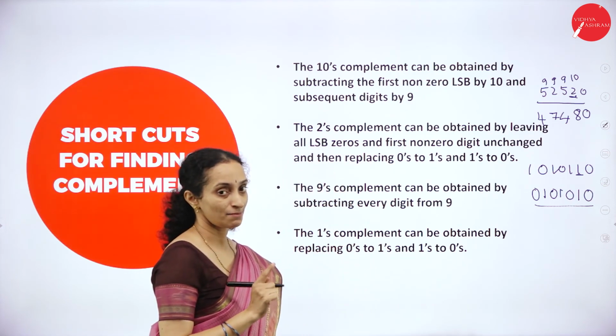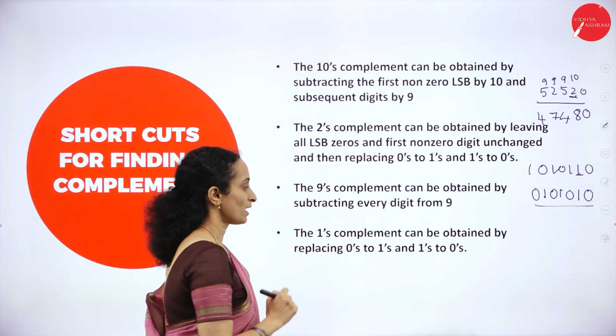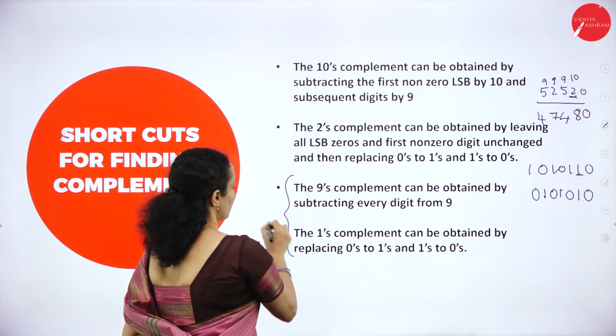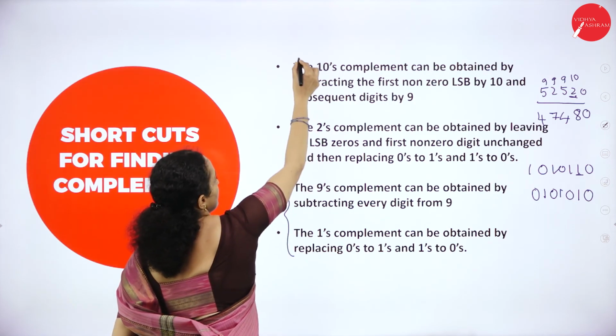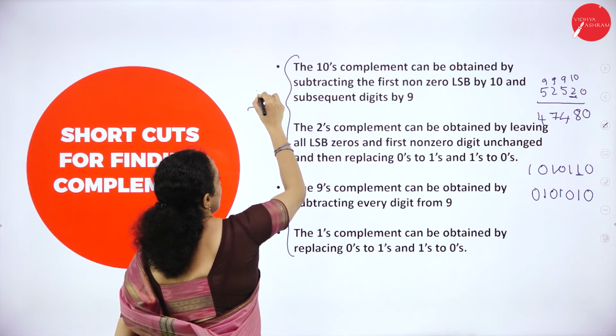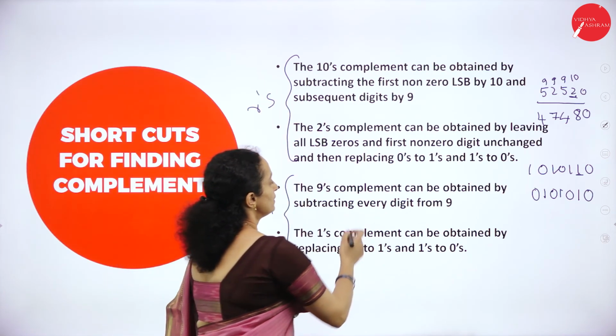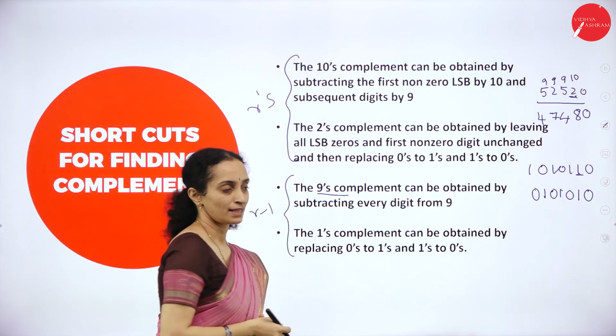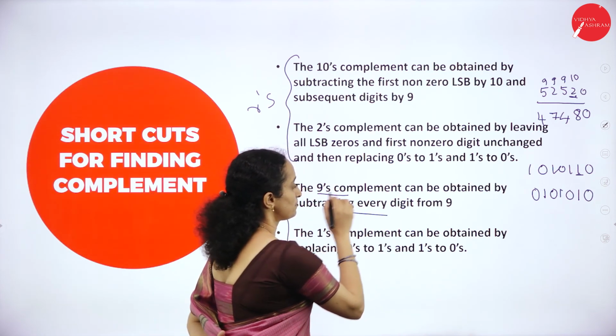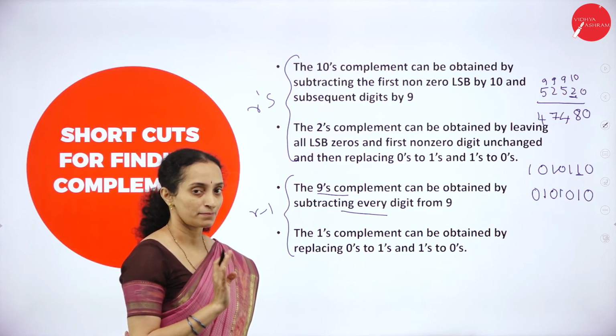Alright. So this is about r's complement. Now for r minus 1's complement, the 9's complement can be obtained by subtracting every digit from 9.